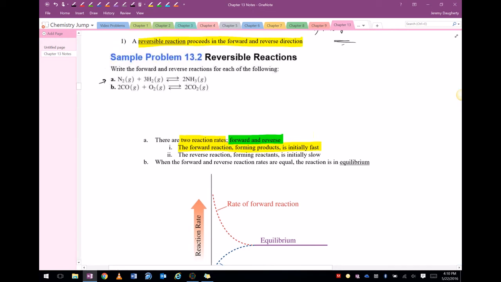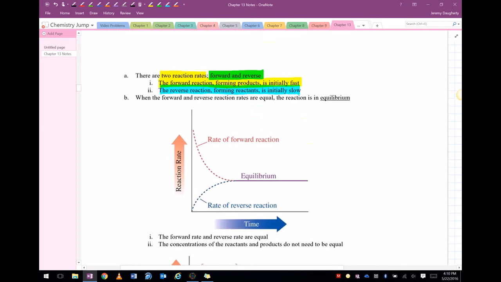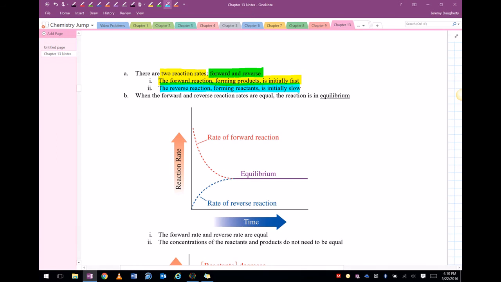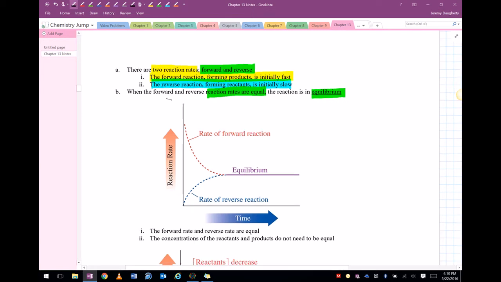Initially we only have nitrogen and hydrogen typically, and so the forward reaction happens pretty fast. The reverse reaction starts out slow, but it picks up pace. Now, when these 2 rates are equal, so when the reaction rates are equal, we have what is called equilibrium. Okay, and that's very important to note. Equilibrium is when the forward and the reverse reaction rate are equal.